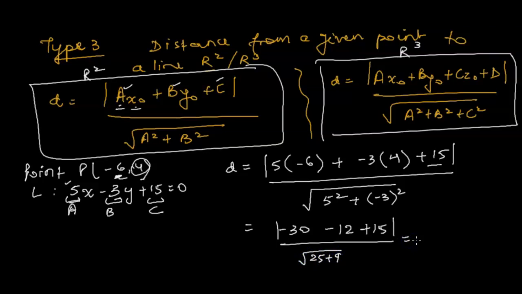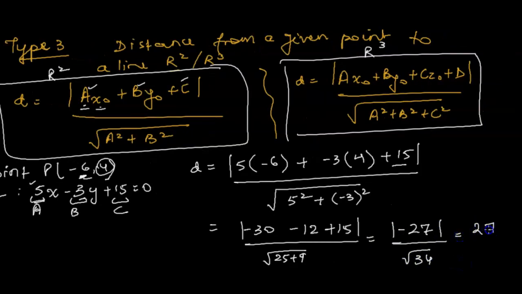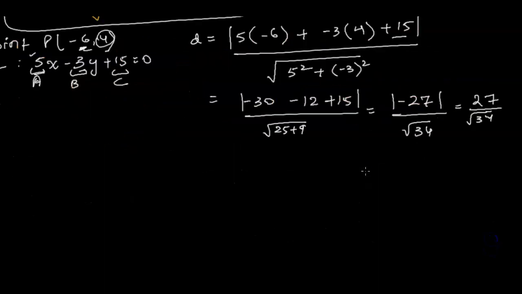This would give us minus 27 mod over square root 34, which will be equal to 27 over square root 34. When we put this on the calculator, we get 4.63, and this will be the distance between the given point and the line. We can write this answer as 4.6 units because we don't know what units this distance is in. And this is how we solve for the distance.